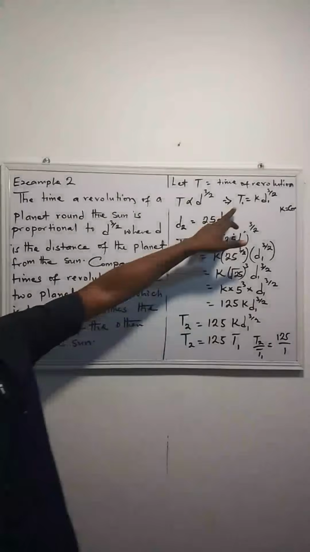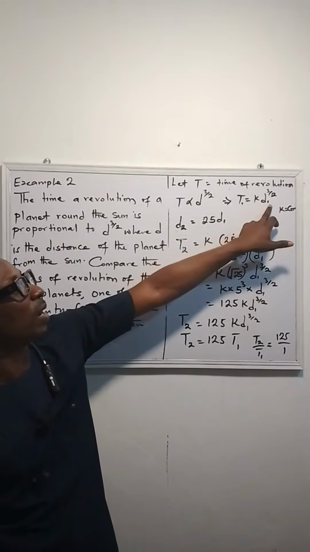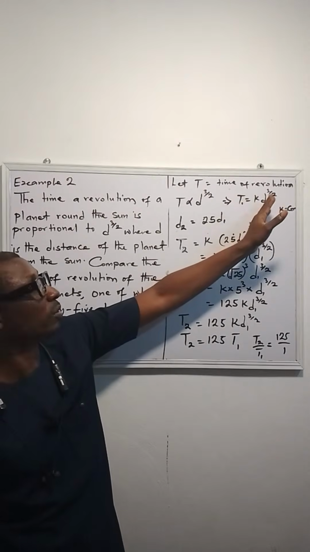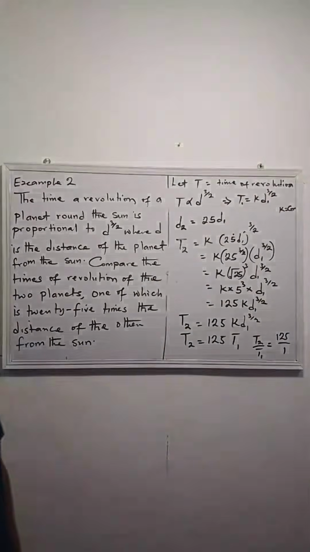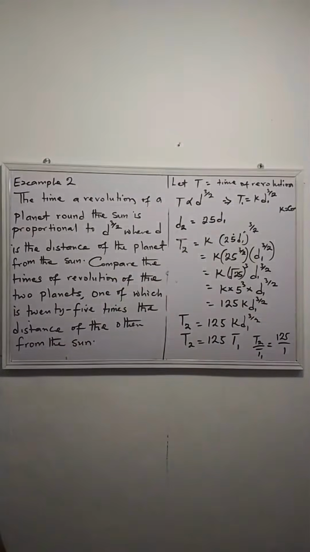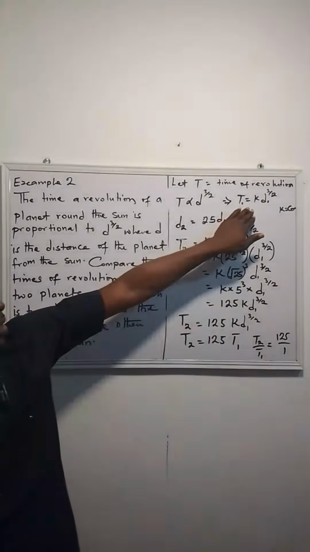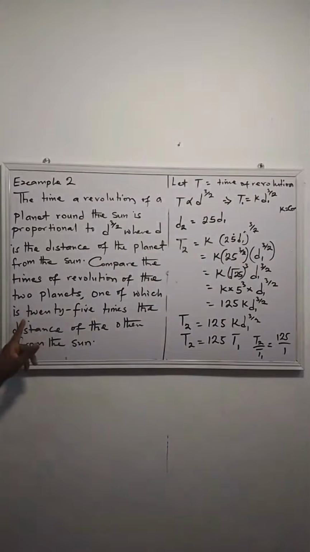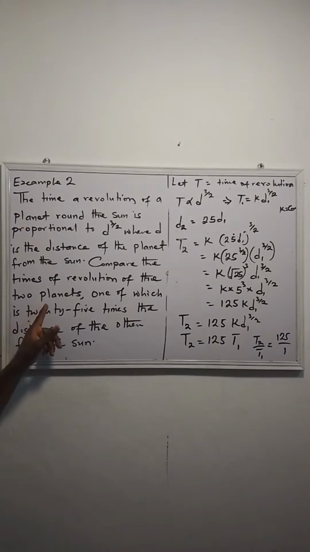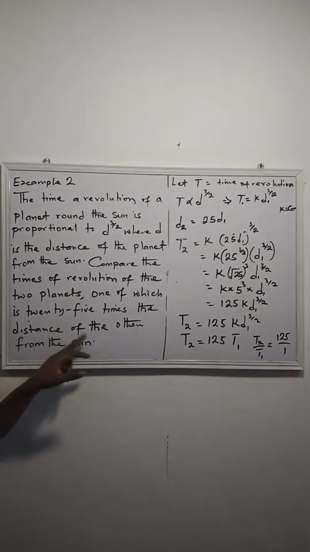So I call this one T1 and D1 because it's the first revolution of the first planet. So this is the first planet. Okay, so we have this. Now to the second one, we have been told that one of the planets is 25 times the distance of the other from the sun.